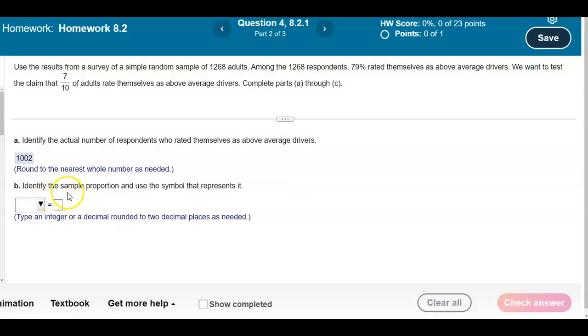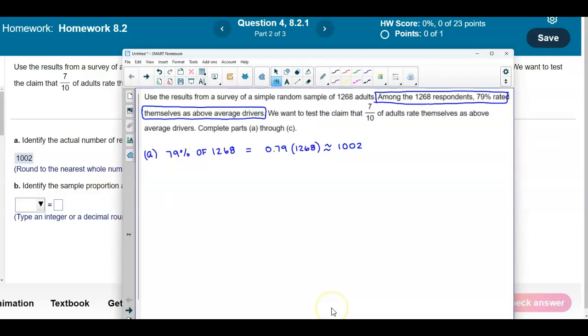Okay, now it says identify the sample proportion and use the symbol that represents it. So in part B, we want to find the sample proportion. And so the sample proportion is the 79%. And since it's a proportion, we call that the point estimate, and that's equal to 79%.